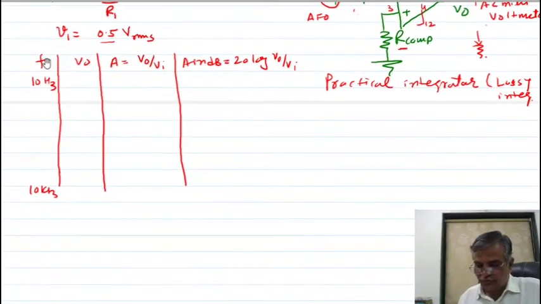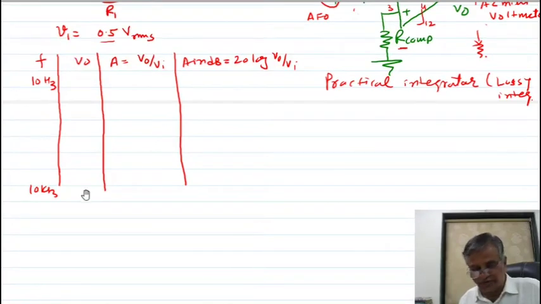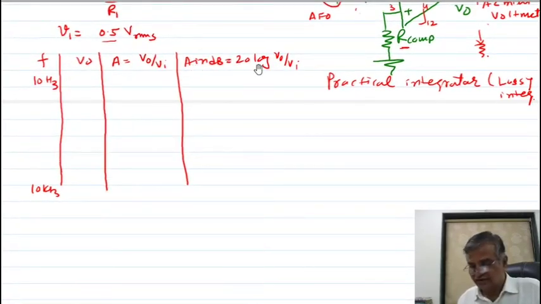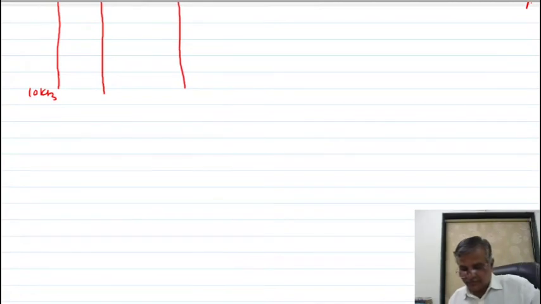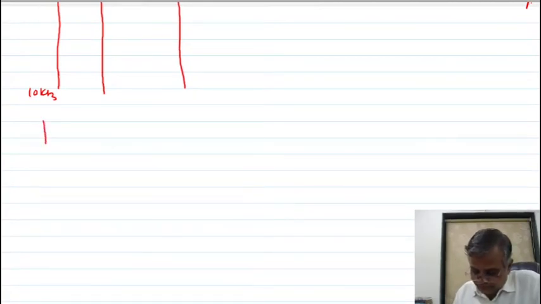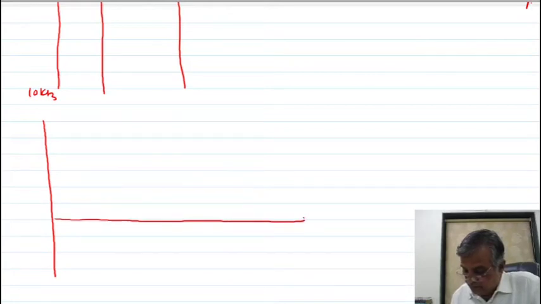So what you have to do? Vary the frequency, note down the corresponding output voltage, and measure the gain in dB. Now you plot the graph of gain versus frequency.